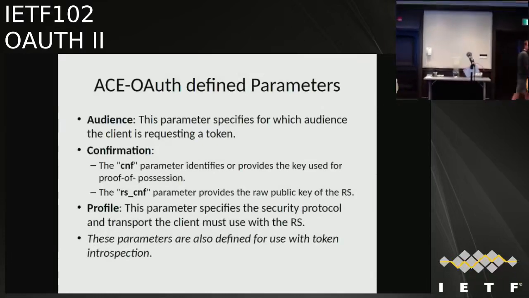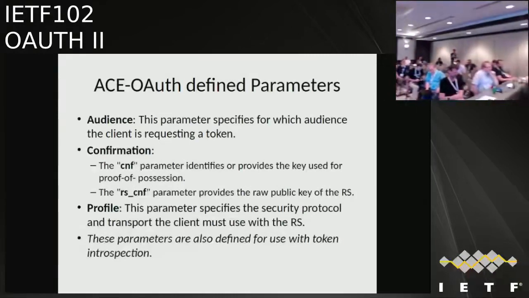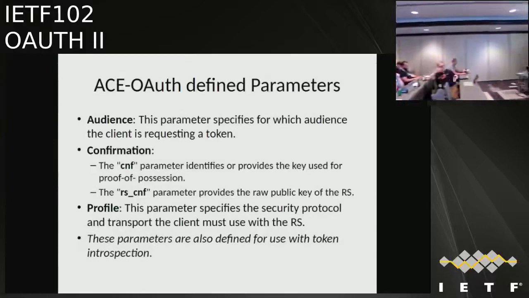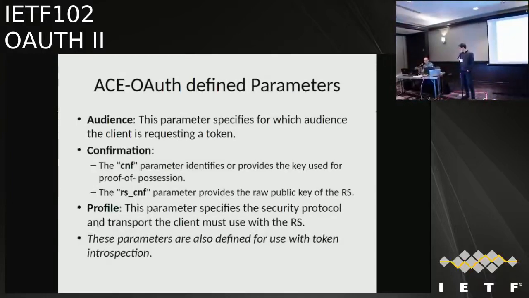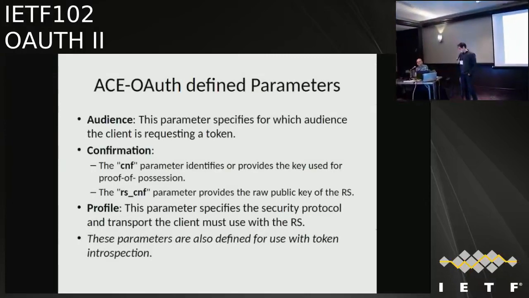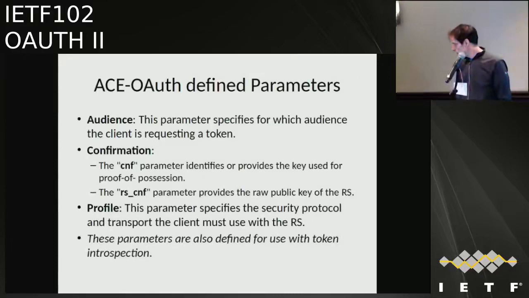Okay, so I get the feeling that most people are in agreement that we don't want to use that audience parameter, and we want to call it something else. I think maybe we need a hum on that, because I see some nods, but it's not clear.